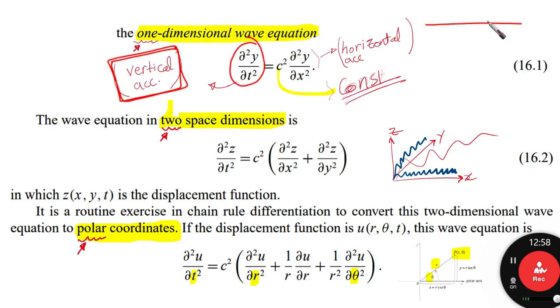If the wave is going up and down at this point x1, the maximum point here may be going down, or maybe going up. So the point itself is going up or down at the same position. This is what we call the vertical acceleration of the point.